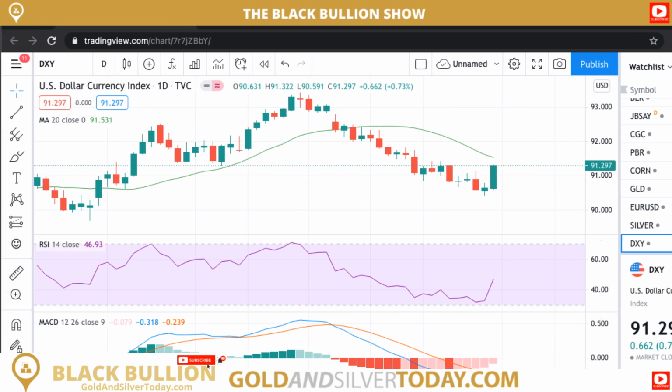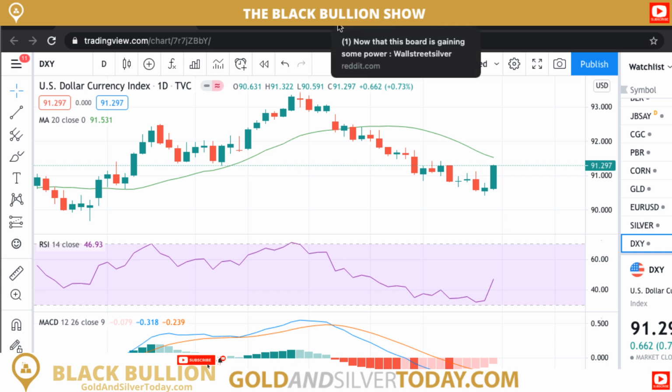Actually, I don't think you can see that. But it looks like with the histogram, it's heading into the lighter red territory, and will probably head back up into the green territory in a matter of several days, and we're going to start to see the blue line cross above the orange line, likely sometime during that period.